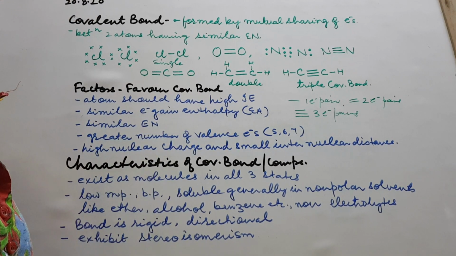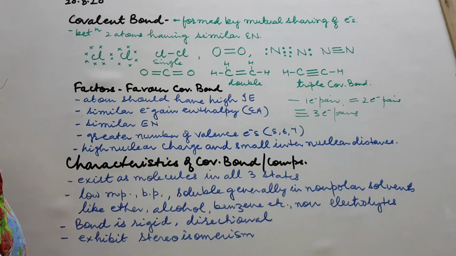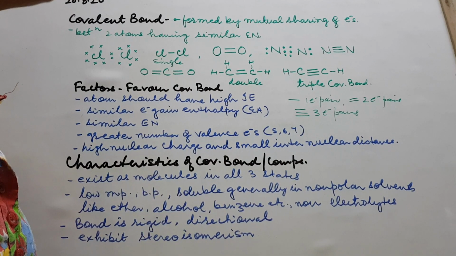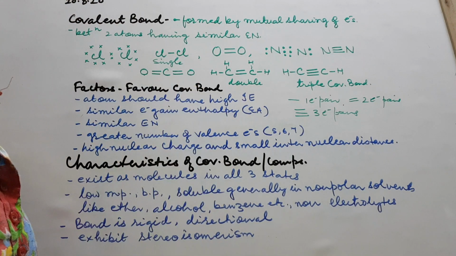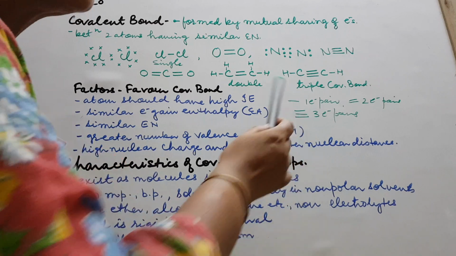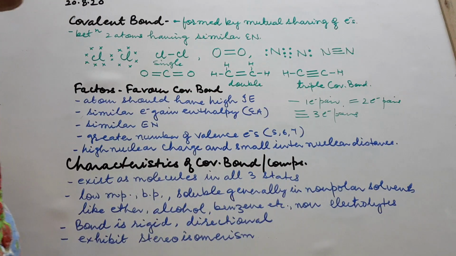In a triple covalent bond, atom shares 3 electrons. In a triple covalent bond, there is sharing of 6 electrons or 3 pairs of electrons. Even these simple things are also asked, children. So this is how you have in short about your covalent bond.